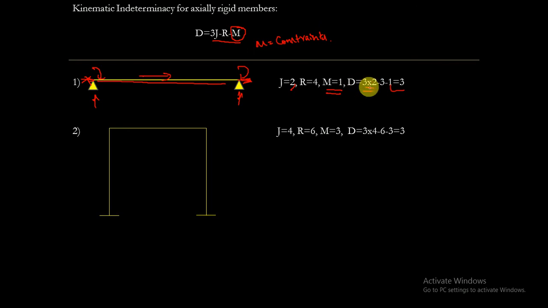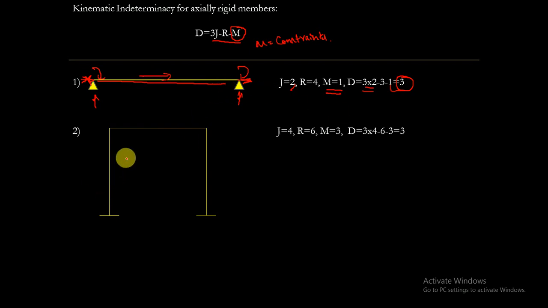For each joint there will be 3 degrees of freedom. So we have 2 joints, minus 3 reactions, minus 1 member, that is, one horizontal displacement. The kinematic indeterminacy for this structure is 3. We have to deduct one horizontal displacement.